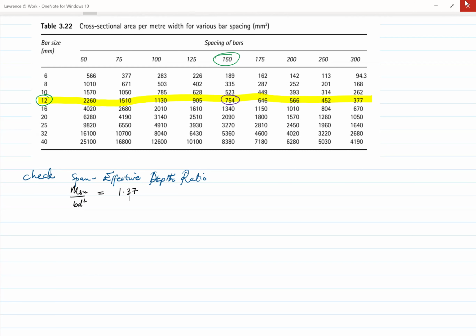So let me just bring the table up again. The table to determine the stresses. I think that'll be table 3.10 in the BS code. So let me pull that down.